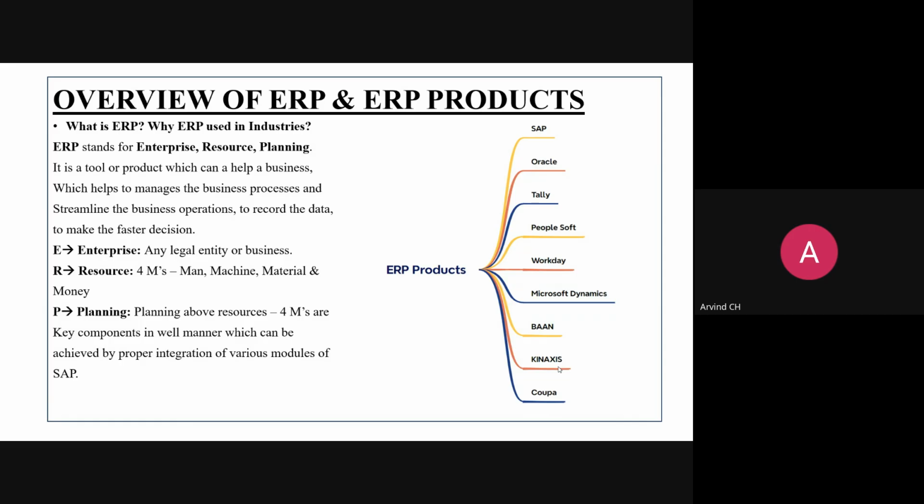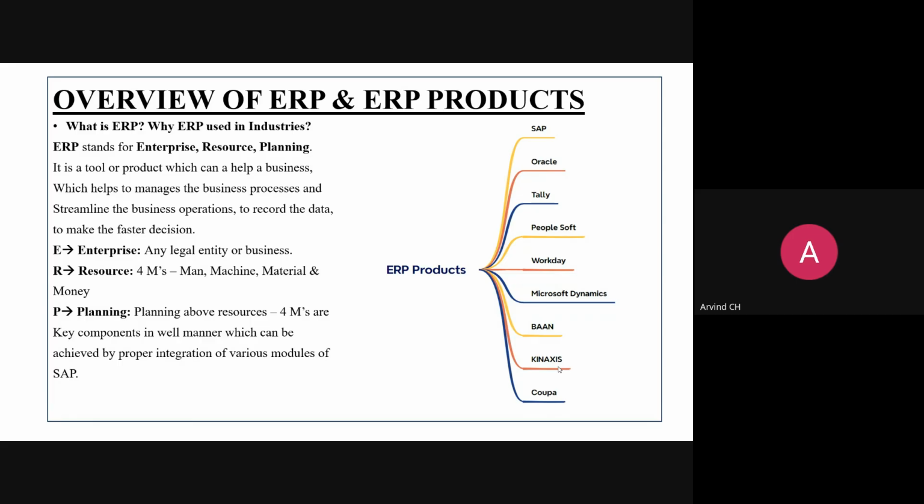Those kinds of data you get through a tool called ERP. And the analysis is required to understand the gap and take further action, and it helps to take faster decisions.